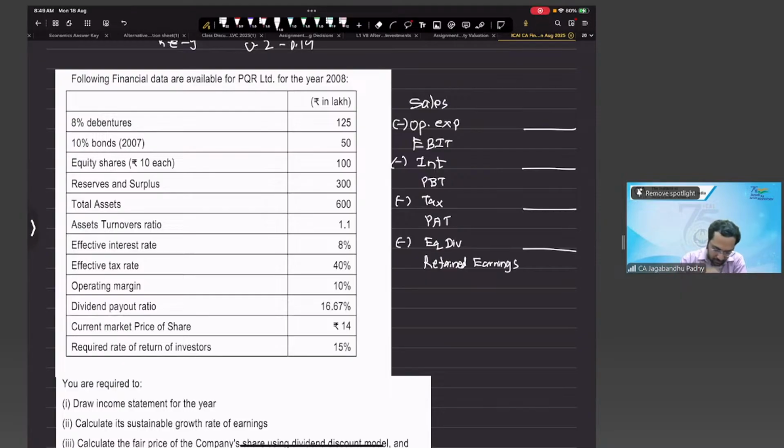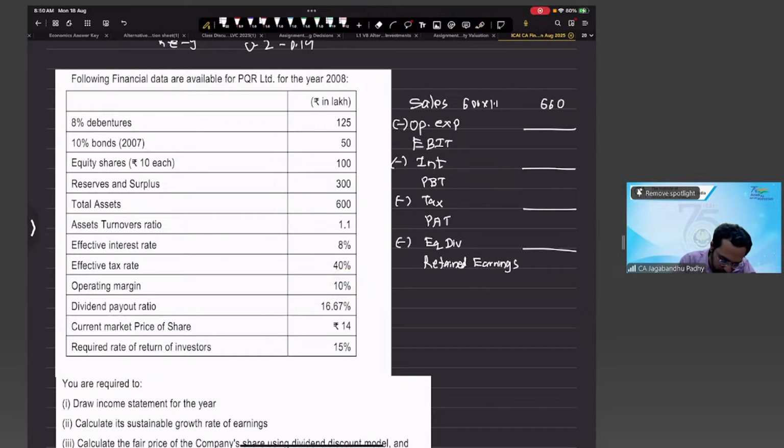Okay, how much is the sales, guys? 660. Because you have total assets and asset turnover given to us, right? Yes, sir. It is 660. 600 into 1.1, which is 660. Operating expense is something which we don't have information on. But yes, we have the operating margin as 10%.